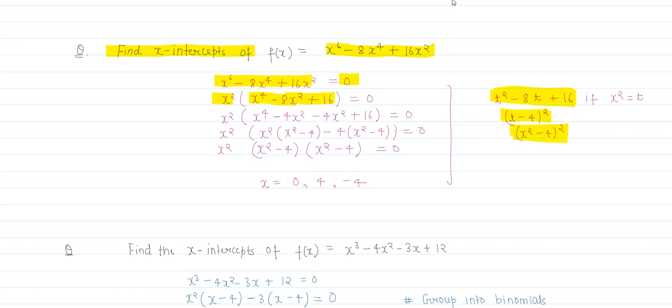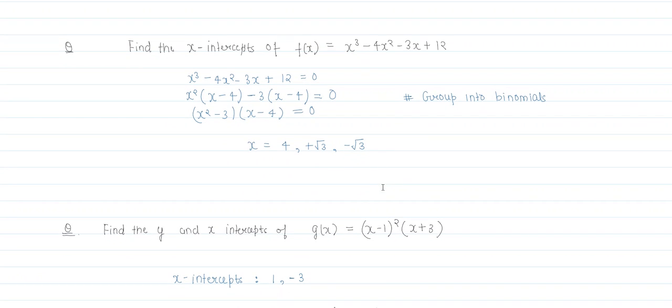We can solve this as a quadratic equation, right? At the end we get x^2 times (x^2 minus 4) squared. So the values we get are x equals 0, 2 and minus 2, and these are the x-intercepts or the zeros of the function.